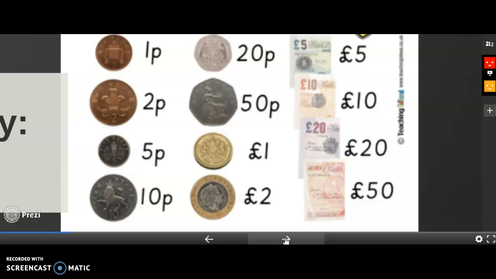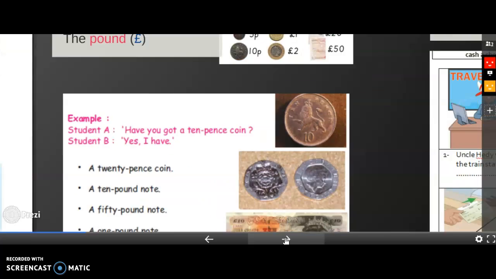It's a 5 pound note. The following, number 10. It's a 10 pound note. Yeah. 11. It's a 20 pound note. Good. 12. The last one. It's a 50 pound note. That's good. Very good.